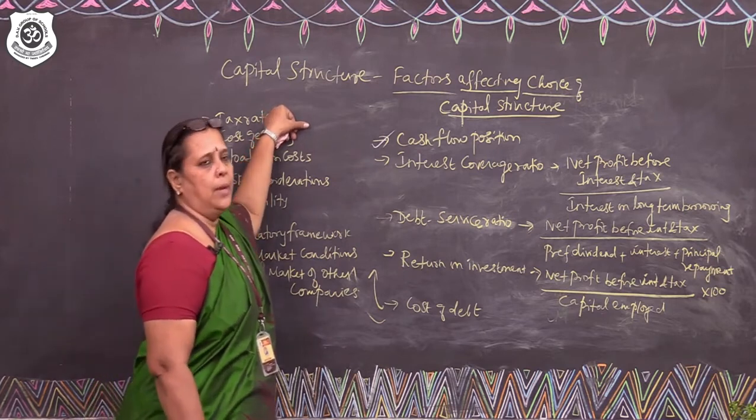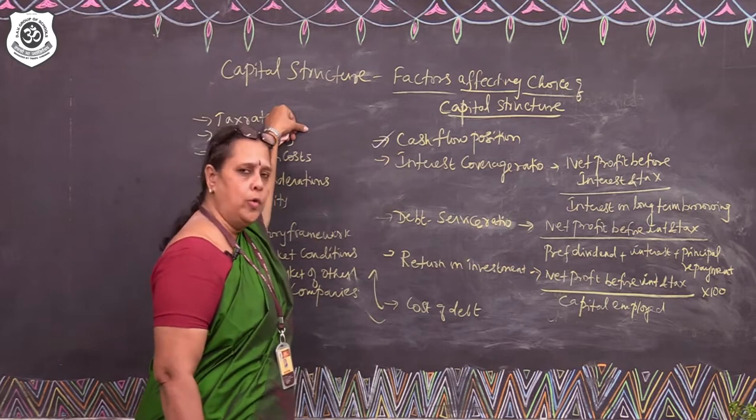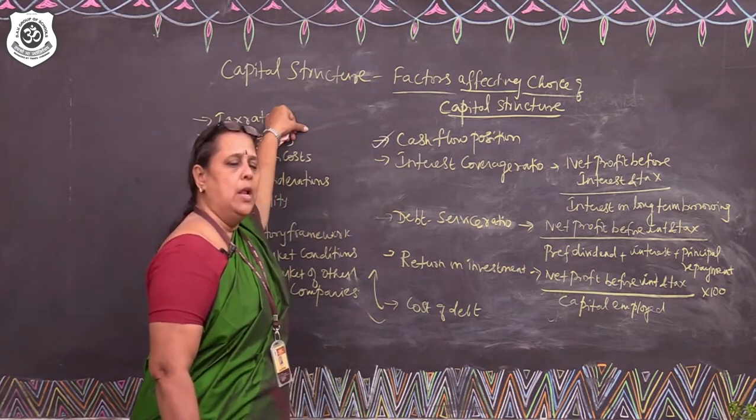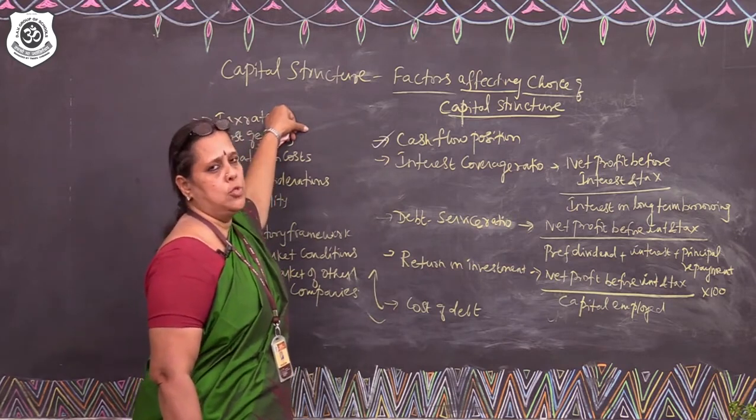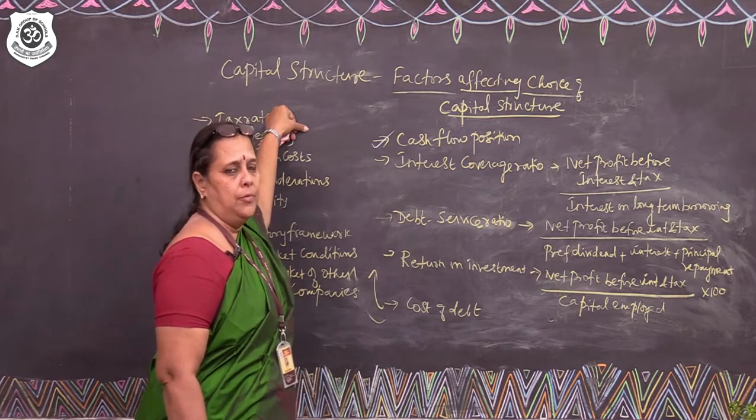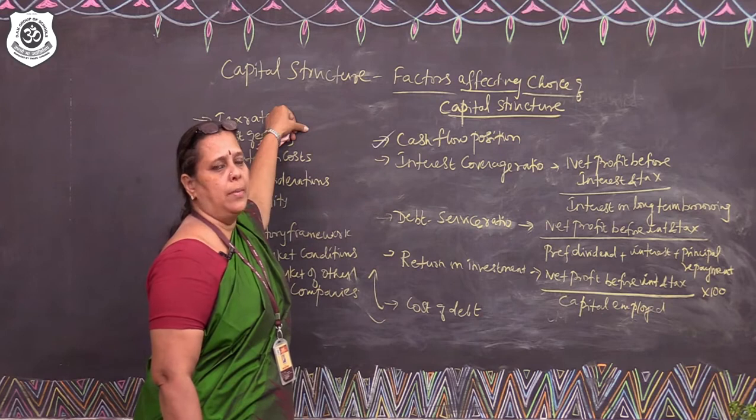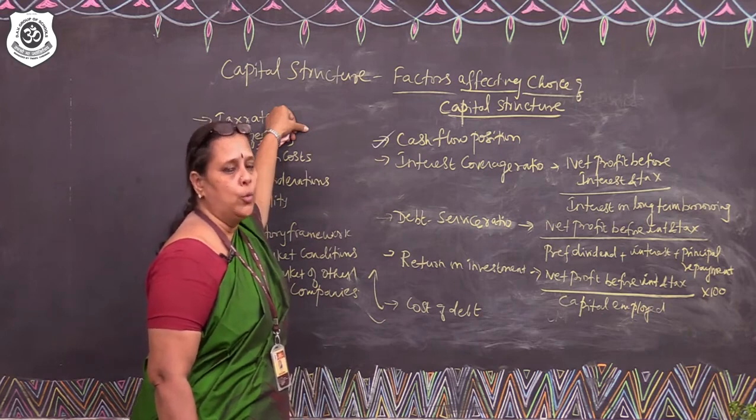Interest payments and principal repayment of borrowed funds have to take place irrespective of the financial position of the company. If the cash flow position is good, then the company can meet its commitments as and when they fall due.